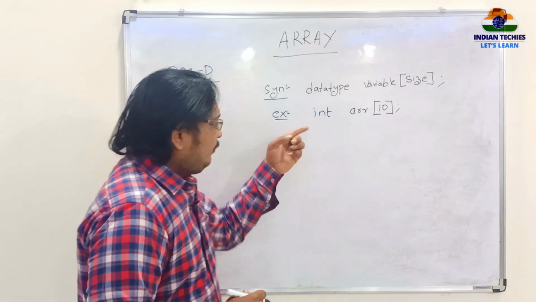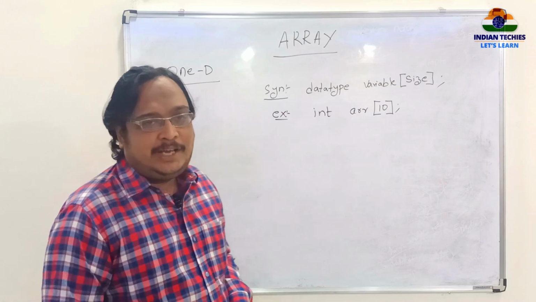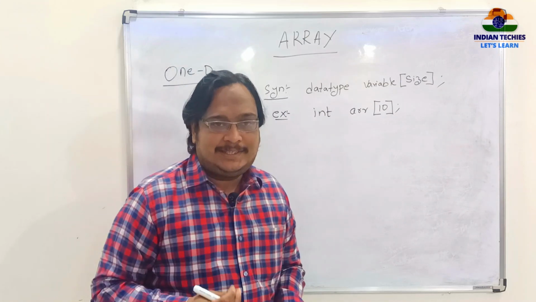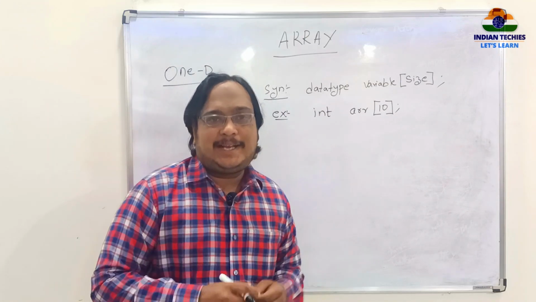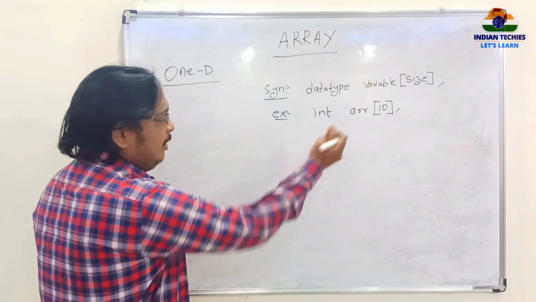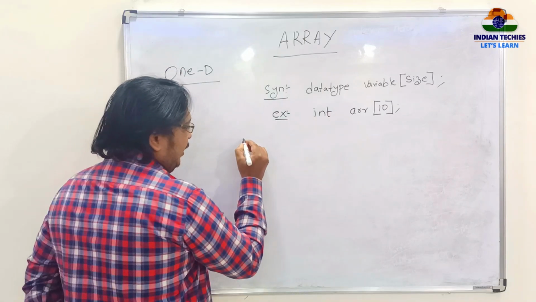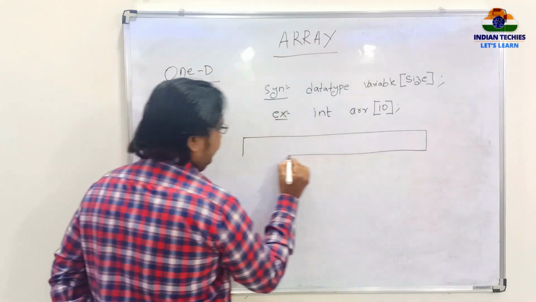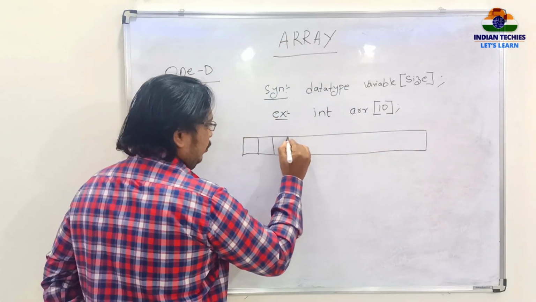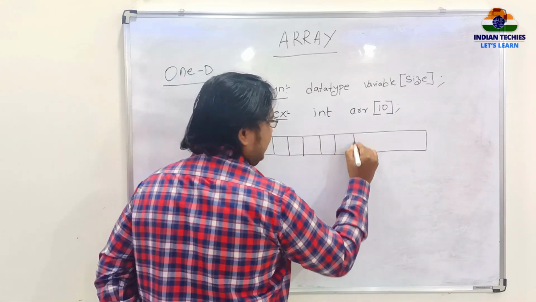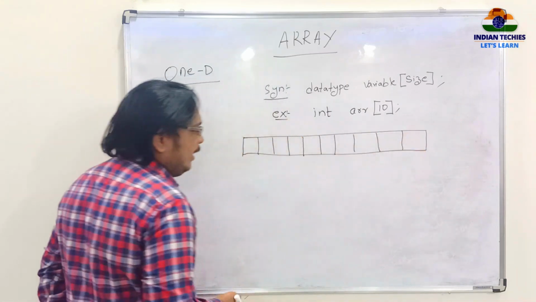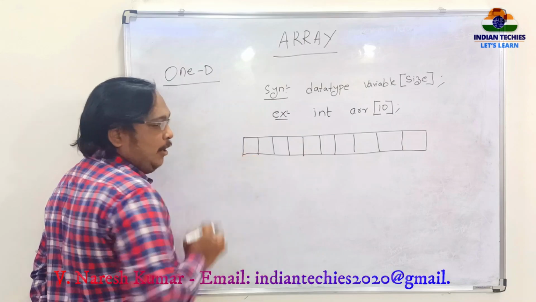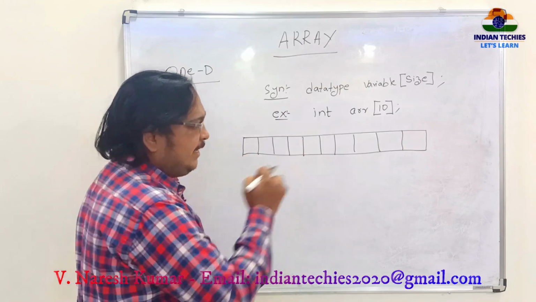Now, how are you going to access it? Before accessing, first of all, internally the access has to be identified. I am allocating memory for 10 variables: 1, 2, 3, 4, 5, 6, 7, 8, 9, 10. Consider each box as 2 bytes of memory since it is an integer.